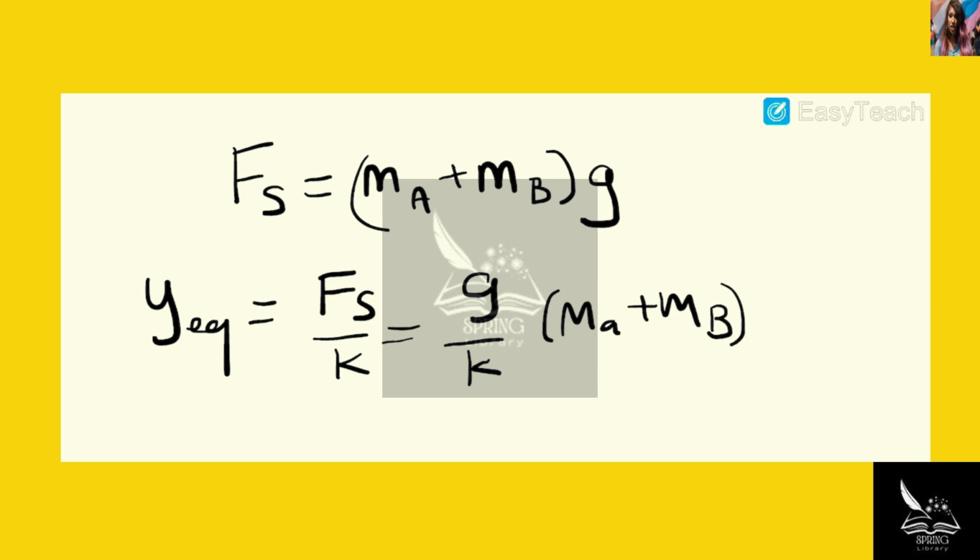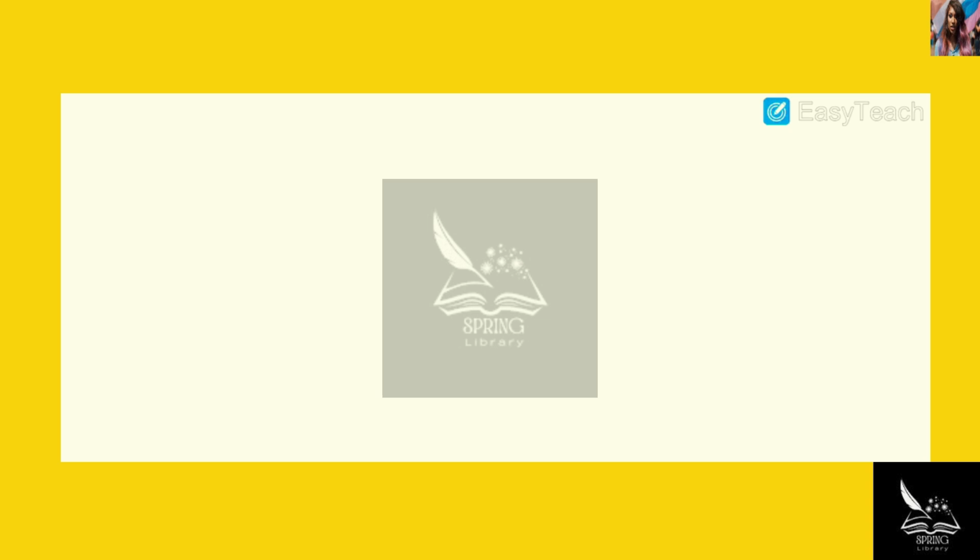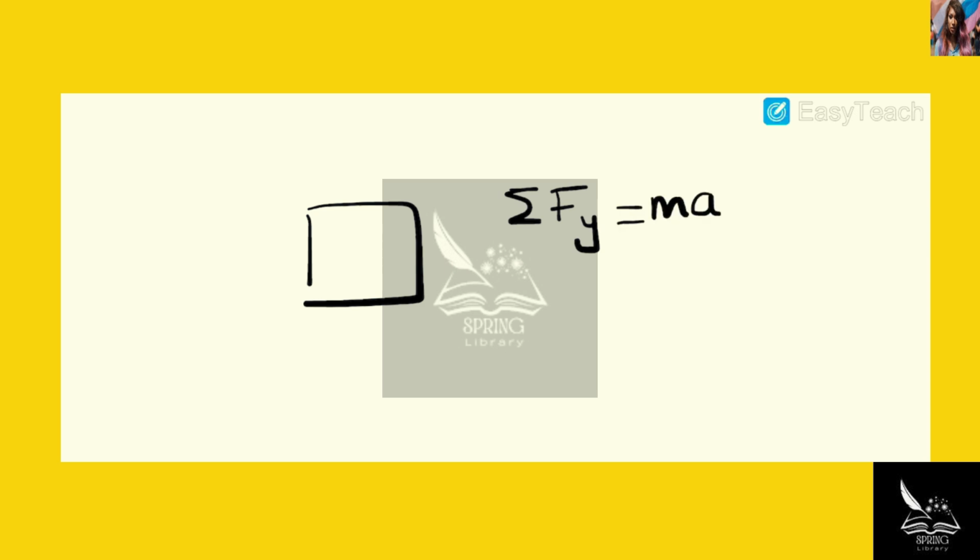Next, we're going to assume that our block is now accelerating. So by drawing the free body diagram of our block, we can say that the net force is equal to Ma times ay. Let's go ahead and draw our forces on the block. We have a normal force here coming from the pan, and we have the weight force of the block itself.